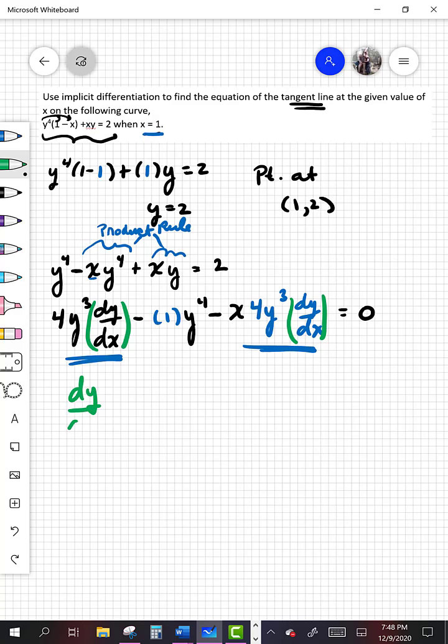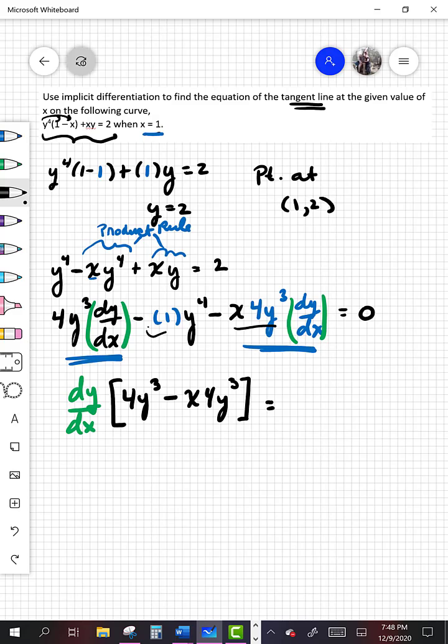So pulling out dy/dx from those other two terms, we're left with this 4y cubed here, minus, and then we're left with this x 4y cubed, which is equal to, and then adding this y to the 4th to both sides of the equation, y to the 4th.